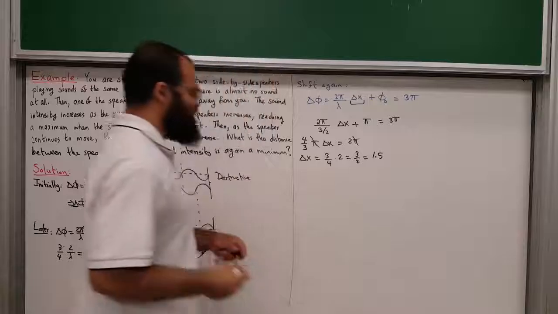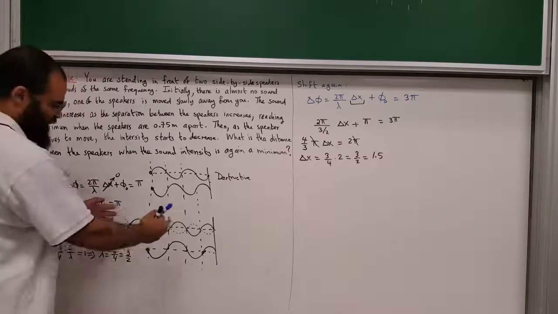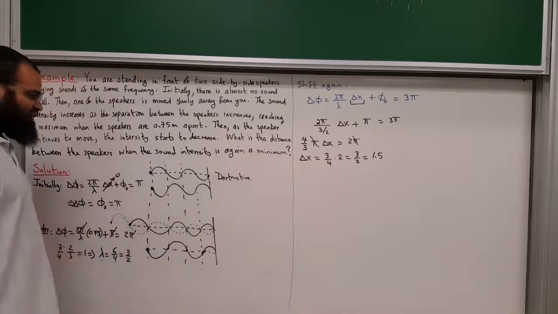So that's when you hear destructive interference again. I think visually speaking, it's easier to figure it out. However, this is a reliable way of doing it. This always works, the algebraic way. The graphical way works when things are nicely pictured, like this.